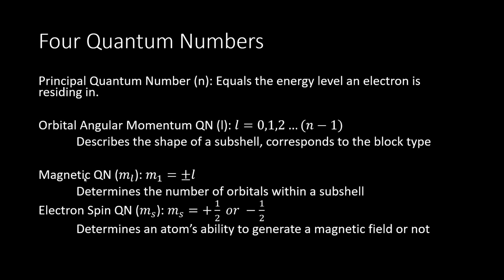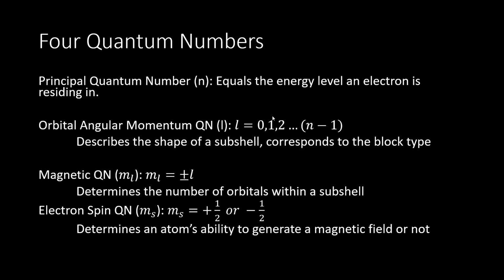Now the magnetic quantum number, this is represented m sub l. m sub l can range from negative l to positive l, starting with the negative value. So if n equals 2, l can equal 0 or 1.